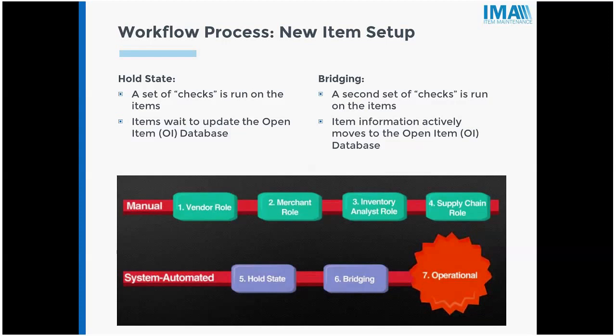So just like hold state, Sears items are going to take some time to get through the bridging role. It may be a few hours or it could be overnight. So again, be patient. And once it finally gets through bridging, the item is going to be operational. And at that point, inventory will be able to place orders for the product.